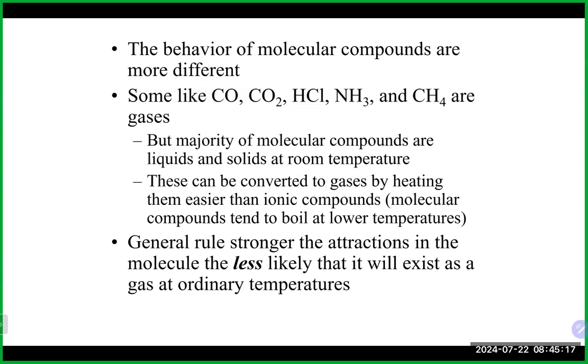The vast majority, though, of molecular compounds are still liquids and solids. The one major difference between molecular compounds and ionic compounds is the ease with which you can convert a molecular compound into a gas versus trying to convert an ionic compound into a gas, which usually doesn't happen.